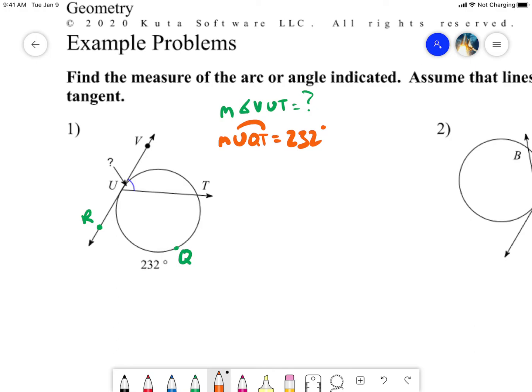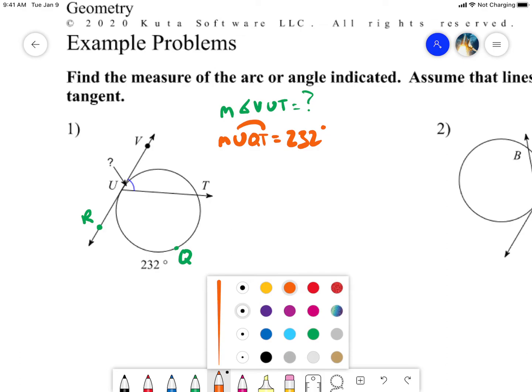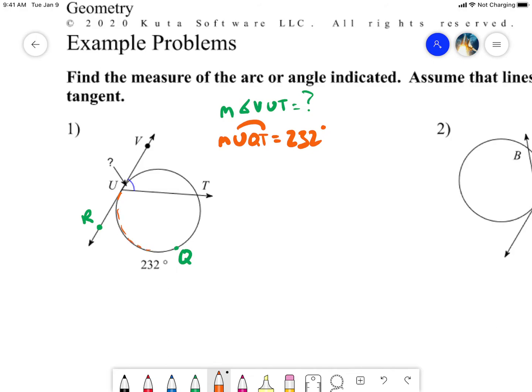If I know that the measure of arc UQT, this guy right here, is 232, I can actually figure out what the measure of arc UT is. I do that by adding these two arcs together.